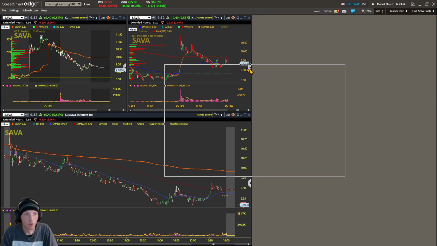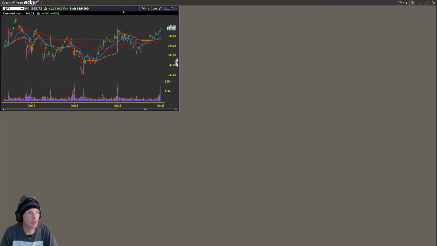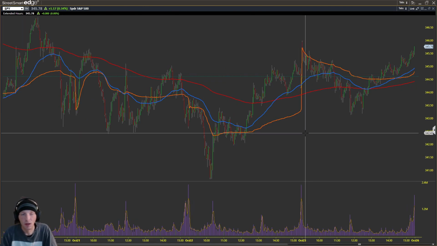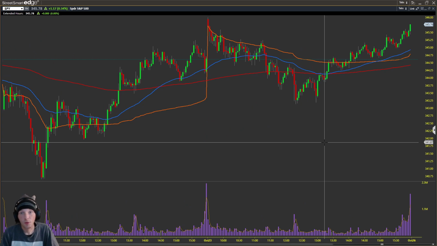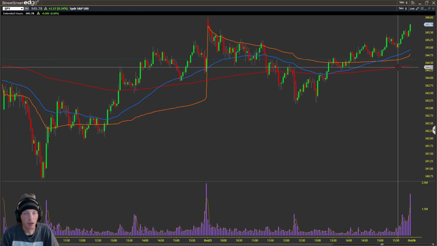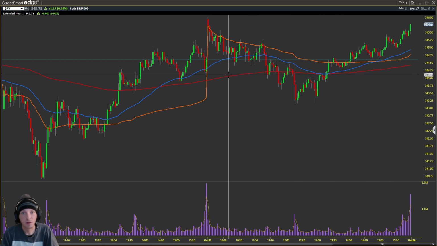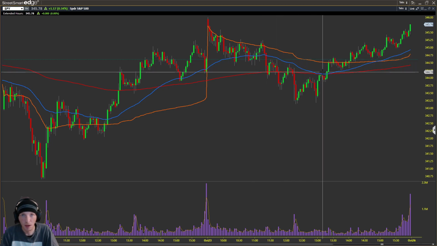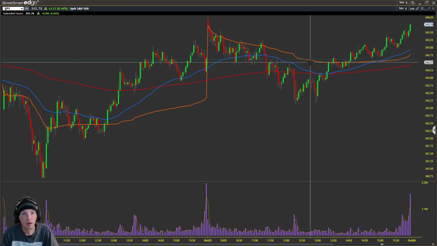So, real quickly, let's take a look at the S&P 500 with the Fibonacci moving averages applied to it. This is a 3-minute time frame on the S&P 500. Again, the red line is the 233 EMA. The blue line is the 55 EMA. And the orange line is the VWAP.